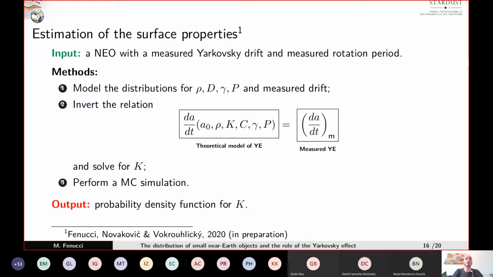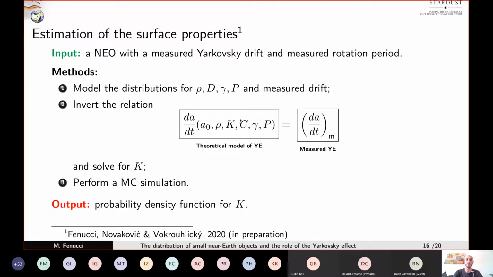Then, using a mathematical modeling of the Yarkovsky effect, which depends on the semi-major axis, the density, the surface properties of the asteroids, and the inclination, we modeled some distributions of these parameters, and we try to extrapolate information about the surface properties of the asteroid, inverting the equations of the modeling of the Yarkovsky effect.